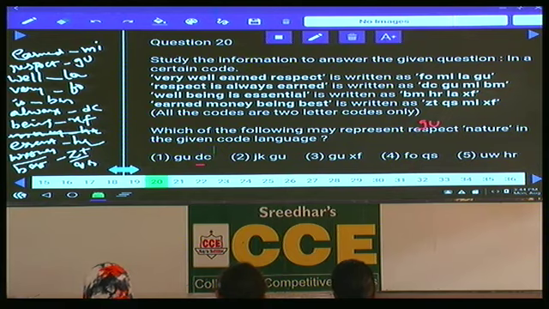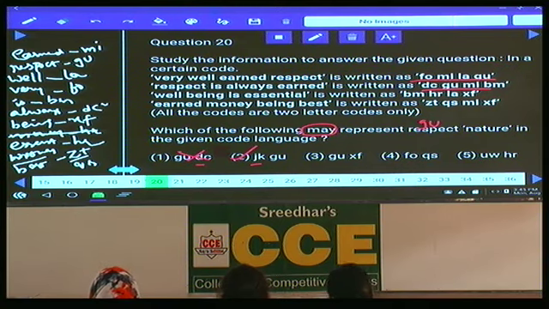No. Why? Because DC is the code to the word always. Hence choice 1 cannot be your answer. In choice 2, GU is there, JK. And JK, if you observe here, is not present in any one of the given codes. Hence JK can be the code to the word nature. And this is the reason why the question is based on a possibility, that is, may. Done with this? Yes, what is the answer we have? JK GU, choice 2.